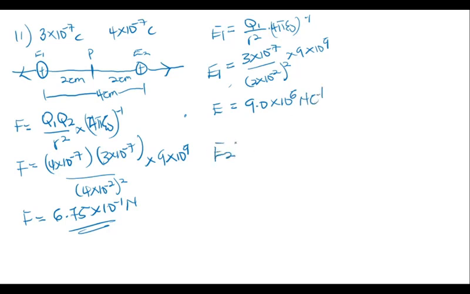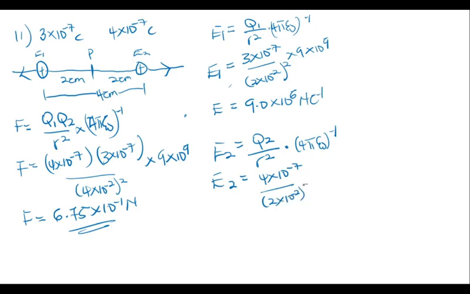Our E2 will be equal to Q2 over R squared multiplied by 4 pi E naught inverse. So our E2 is 4 times 10 raised to the power minus 7 divided by 2 times 10 raised to the power minus 2, all squared, times 9 times 10 raised to the power 9.